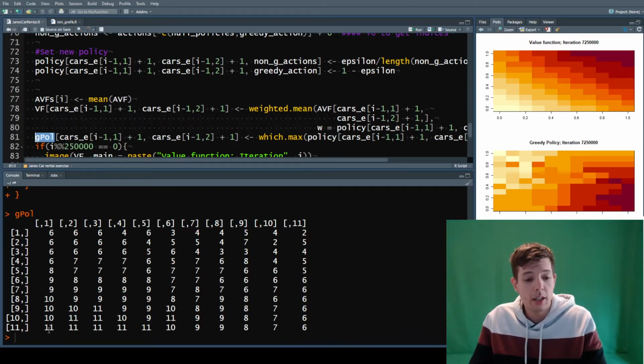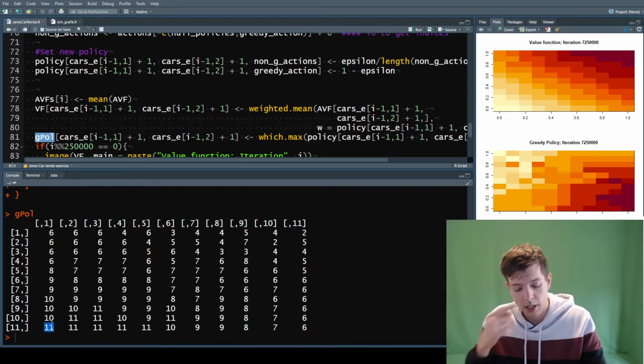So in the top left corner down here, that is where I have 10 cars in the first location and 0 cars in the second location, and this is the bottom right corner of the matrix, of the graph here.